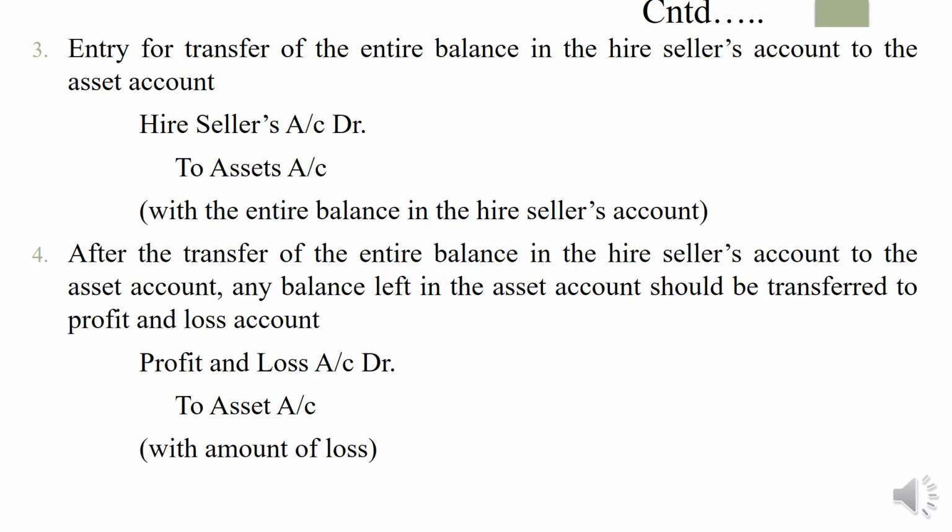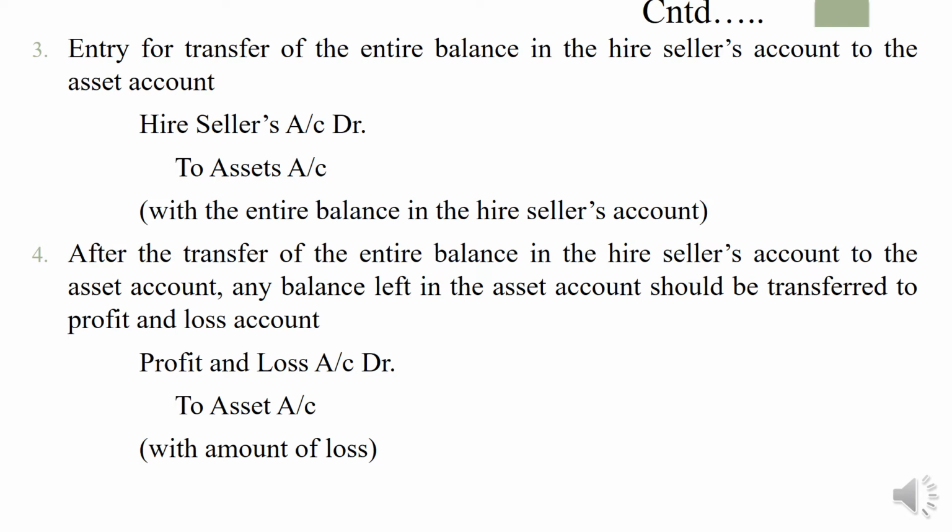So the entry is for transfer of the entire balance in the hire seller account to the asset account. The journal entry for that is Hire Seller's Account Debit to Assets Account. Here the entire balance in the hire seller's account is transferred to the assets account.